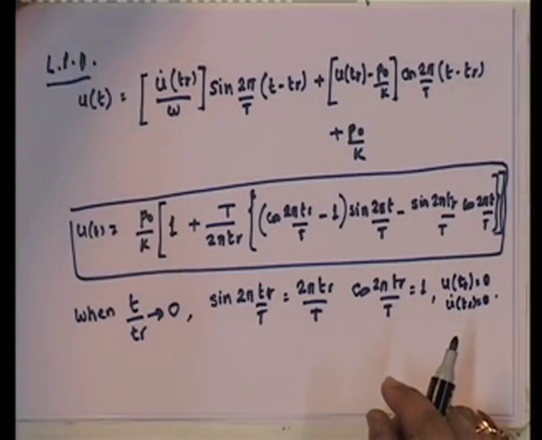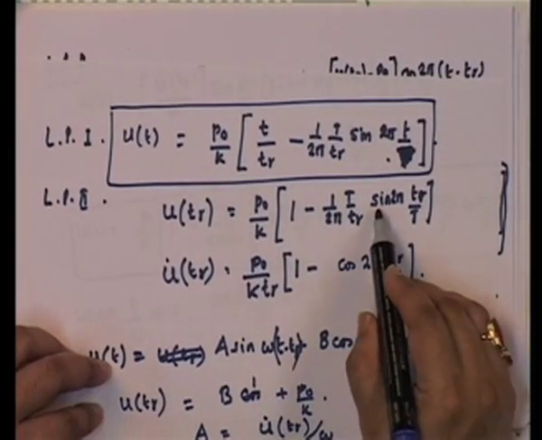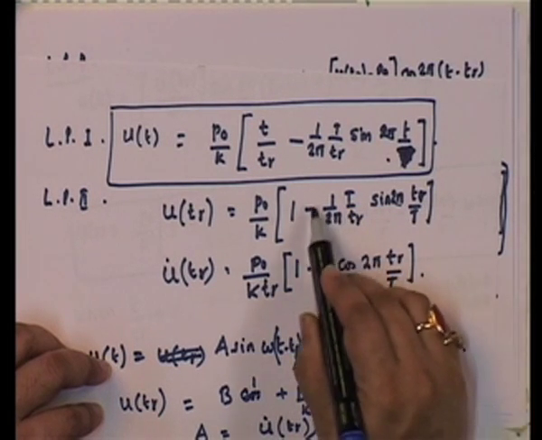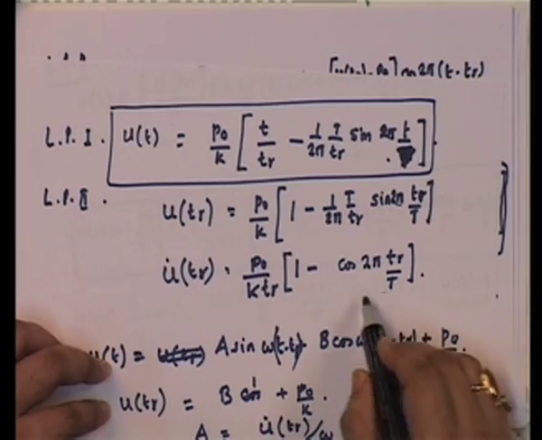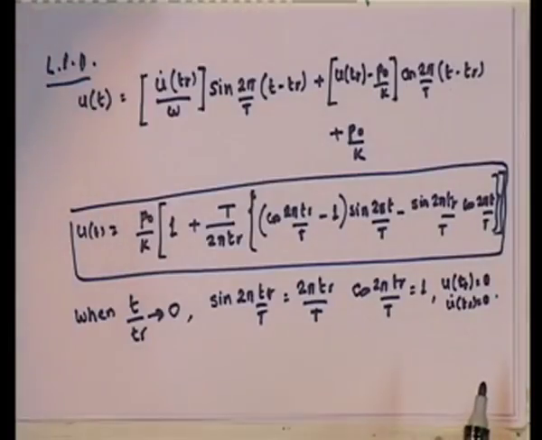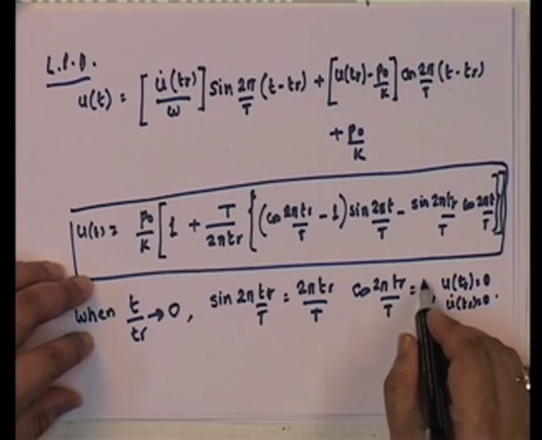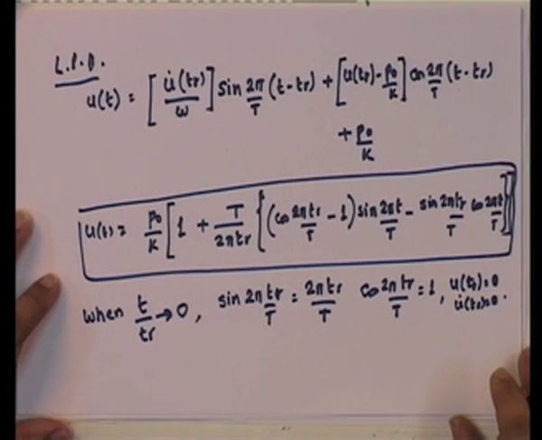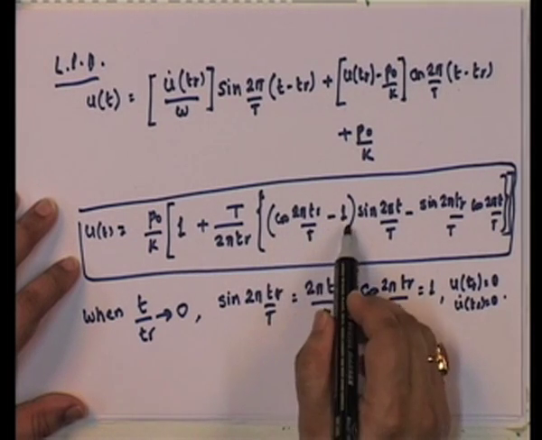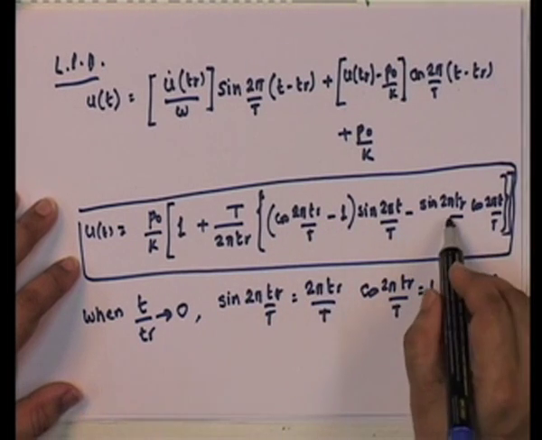Okay, because if you look at this, sin 2 pi upon t_r, this becomes 2 pi upon t_r, 1 minus 1 is 0, and this becomes 1 minus 1, 0. So, both of them are 0, okay, and this is what happens. If you have that, then these disappear, this becomes 1 minus 1, this disappears, this becomes 2 pi.